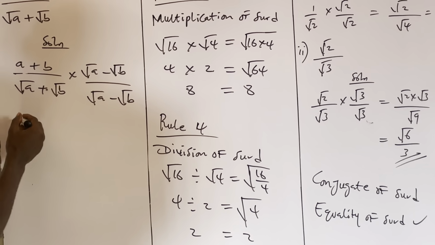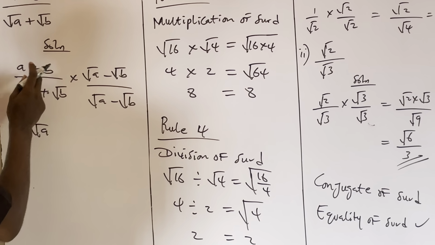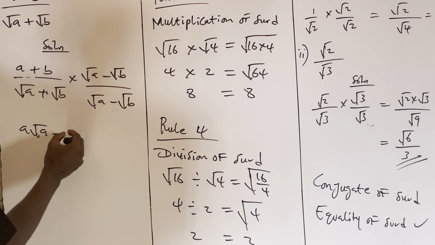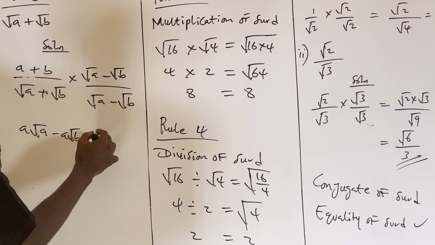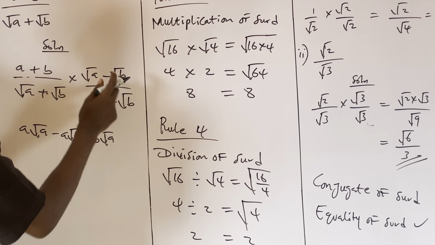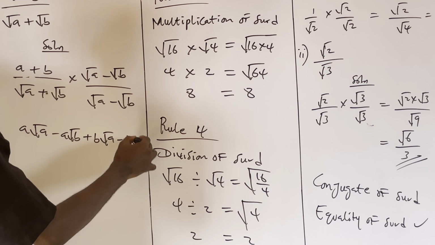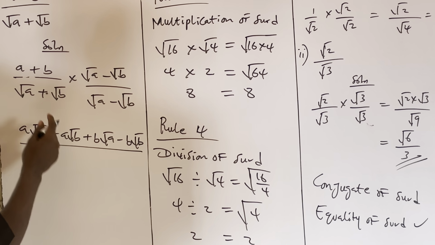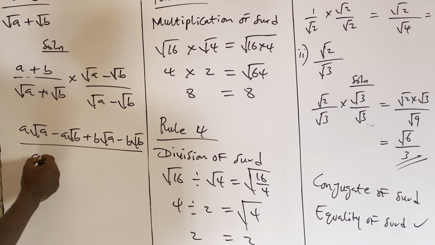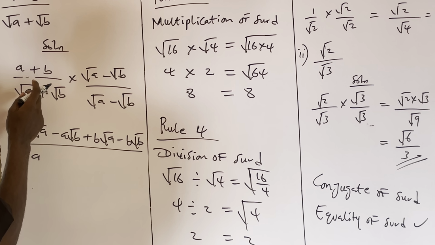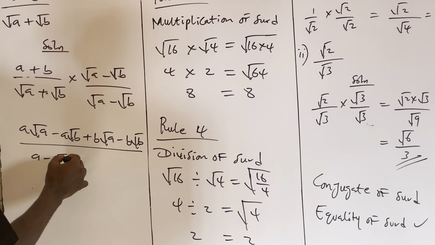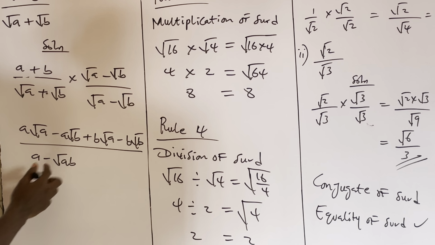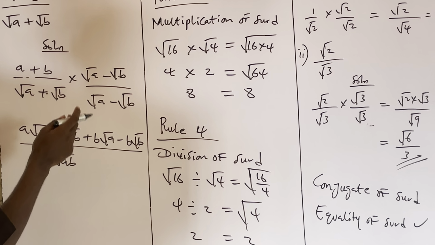A times root A will give you A root A. A times minus root B will give us minus A root B. B times this will give us plus B root A. And this times this will give us minus B root B. Over, this times this will give us A squared. This times this will give us minus root AB.